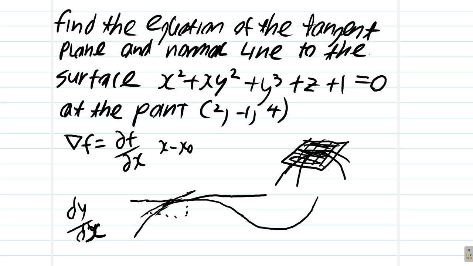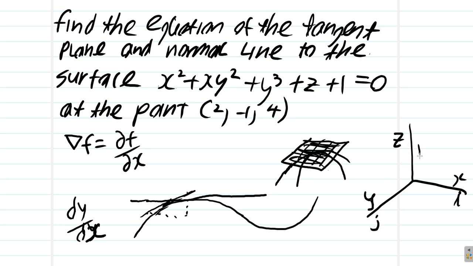But since it's a vector, let's use i, j, and k for the direction. If you have the x-axis, the y-axis, and the z-axis, the x-axis is in the direction of i, the y-axis direction is j, and for the z-axis, the direction is k.